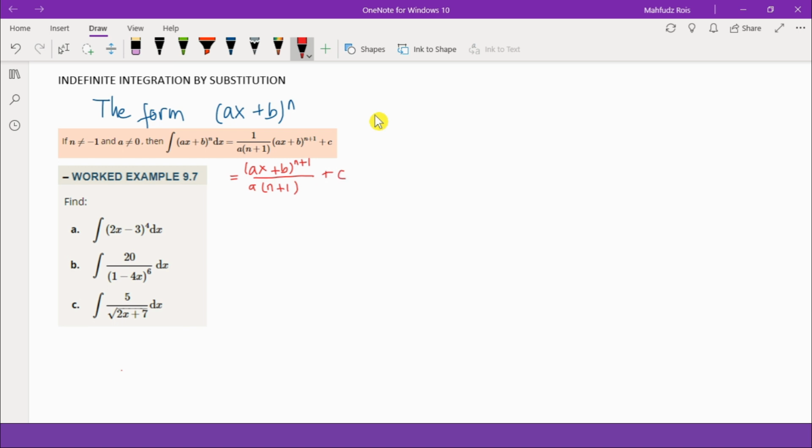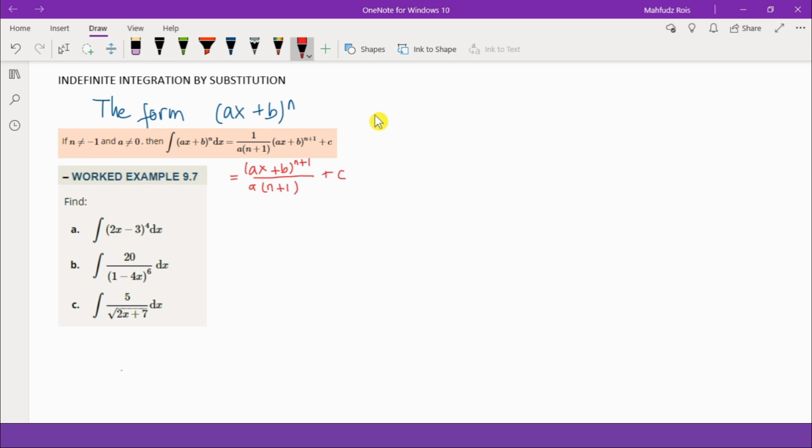So we can apply this formula for the examples below, and then after that we can compare by using substitution, that I will explain also after I finish using this formula. Okay, so please listen carefully.